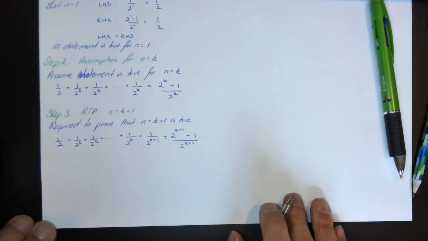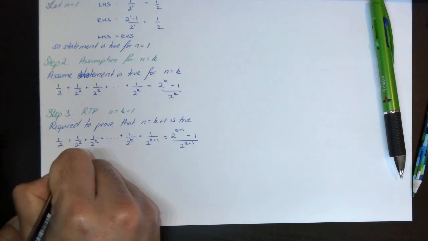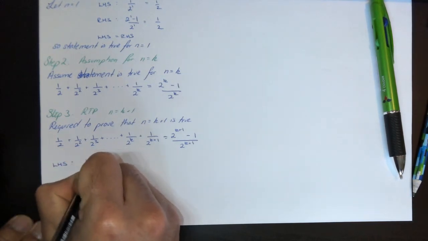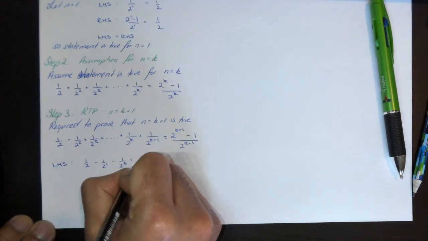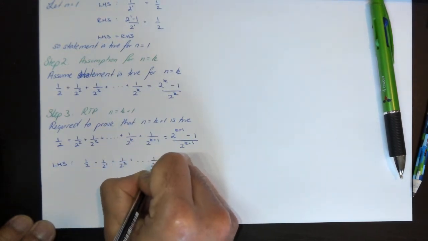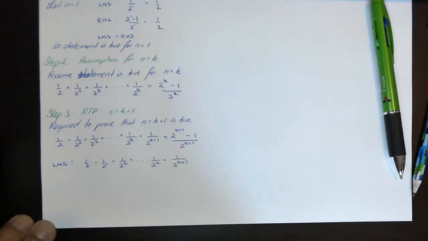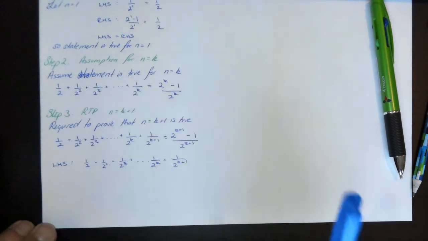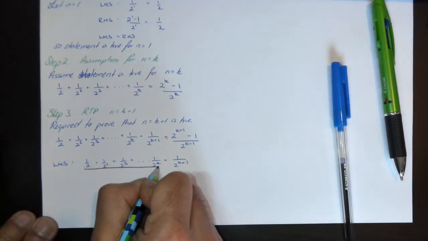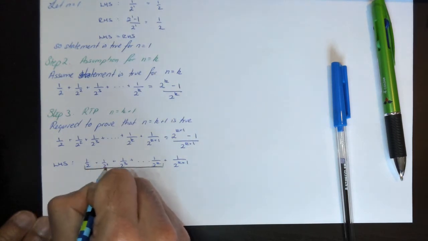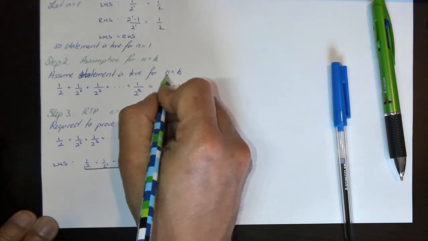So the left-hand side, we're going to prove the left-hand side first. We get a half, all I'm doing is rewriting the left-hand side. I know what this section here is, because that is basically this part here.